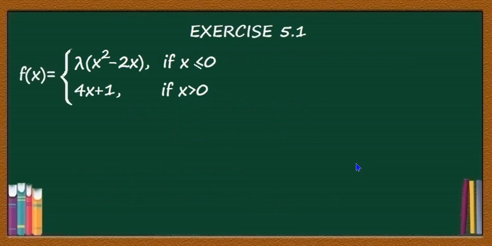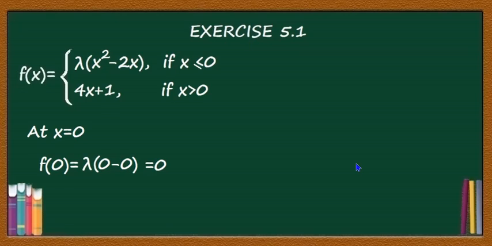Now, given function is f of x is equal to lambda into x square minus 2x if x less than or equal to 0, 4x plus 1 if x greater than 0. Now, let us find the value of lambda if the function is continuous at x equal to 0. And at x equal to 0, what is f of 0? Lambda into 0 minus 0, and that's equal to 0.